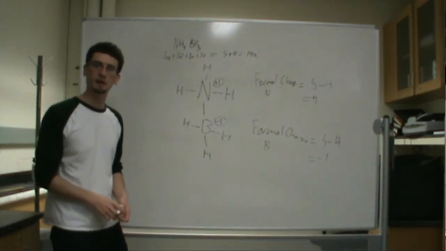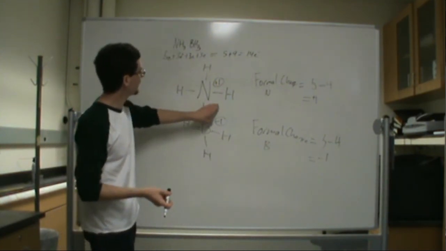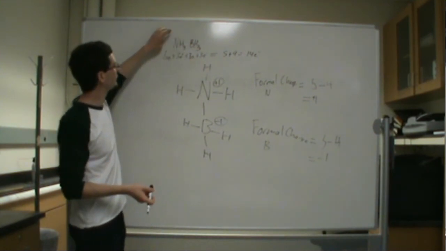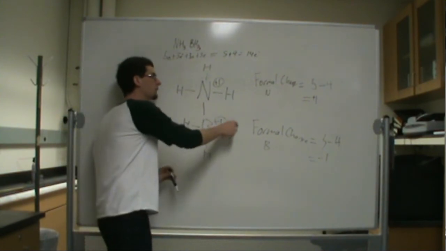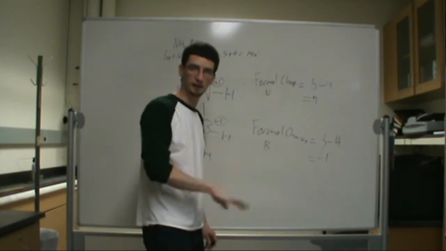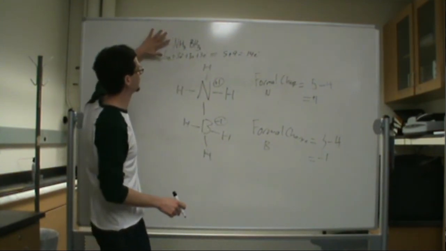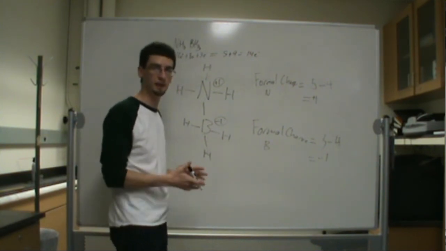Now, does this make sense? We have 2 separate charges here, and do they match up with our original formula? The answer is yes, because if you look at the net charge on this guy, it's 0. +1 minus -1 is 0. So it ends up matching very well with our formula that we have up here that has no charge indicated.